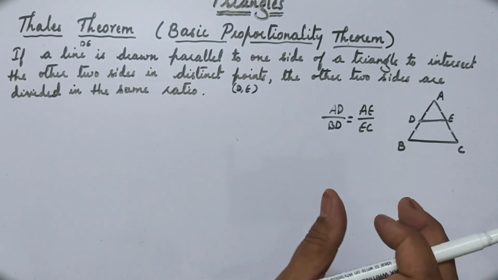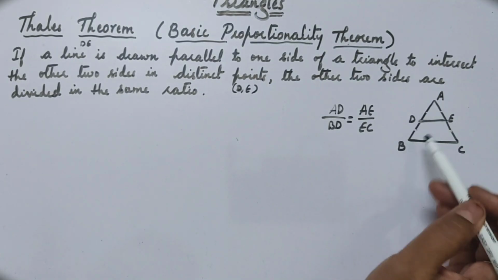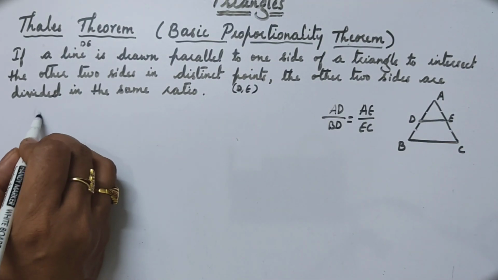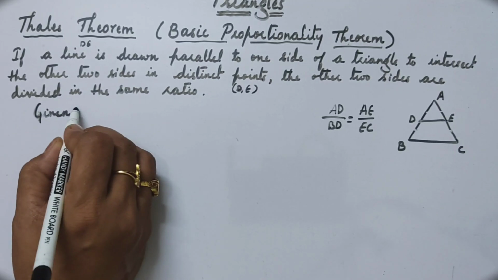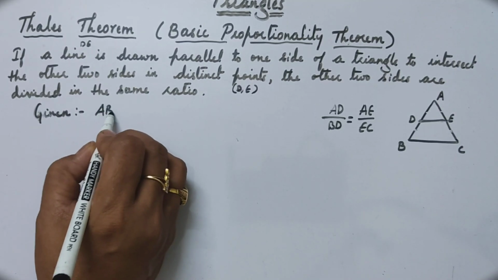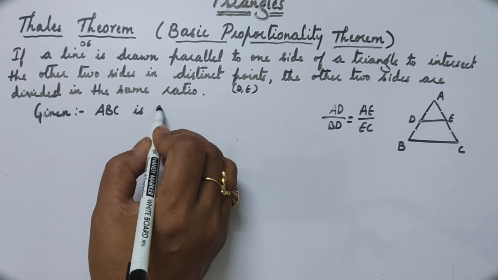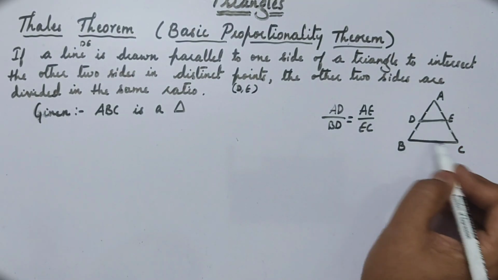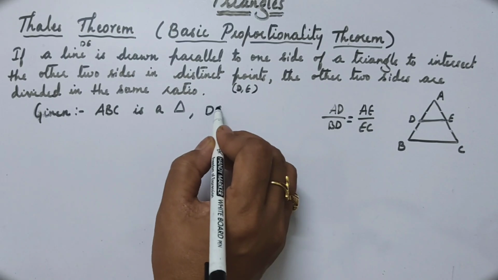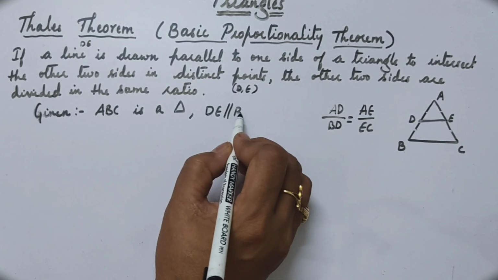Okay, so now what is given? That a triangle is given. Let's write here what is given. Okay, given that ABC is a triangle, and we can see that DE is parallel to BC.